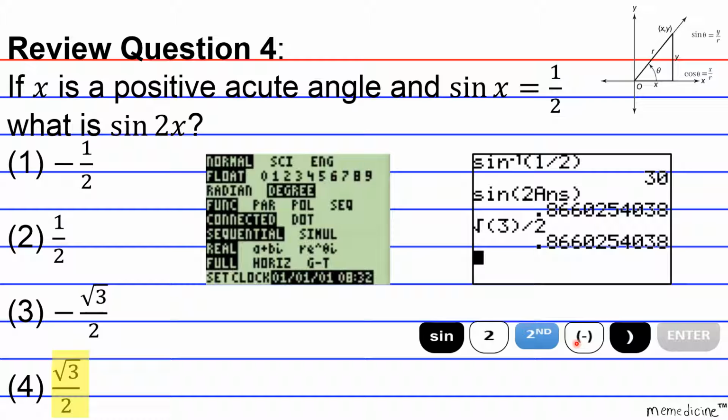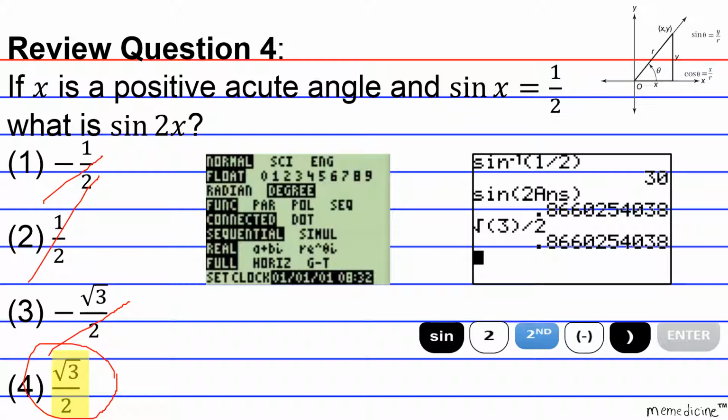And let's say the answer that you yielded is a decimal answer, but you're given fraction answers. Well, you can do process of elimination initially, because the answer isn't negative, so you can get rid of those. And the answer is not 1/2, because most people know that 1/2 represented as a decimal is 0.5. So therefore, the answer has to be this, okay? Radical 3/2. So what you can do now is plug and chug the square root of 3 divided by 2 into your calculator, and it's going to match up, okay?